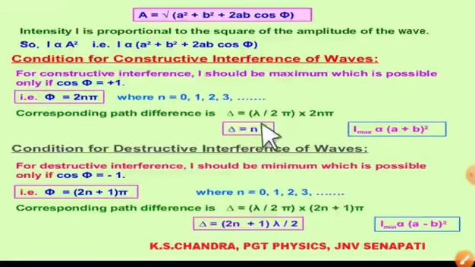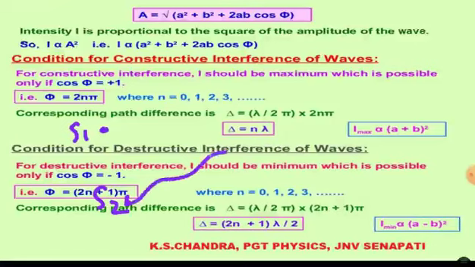So your path difference will be, if you cancel this twice pi, equal to n lambda. That means suppose waves are coming from this source S1 and from here S2.